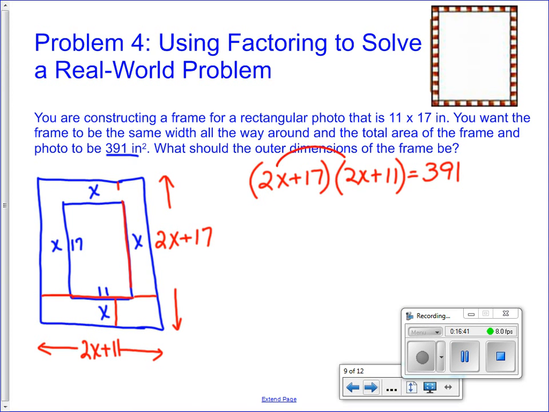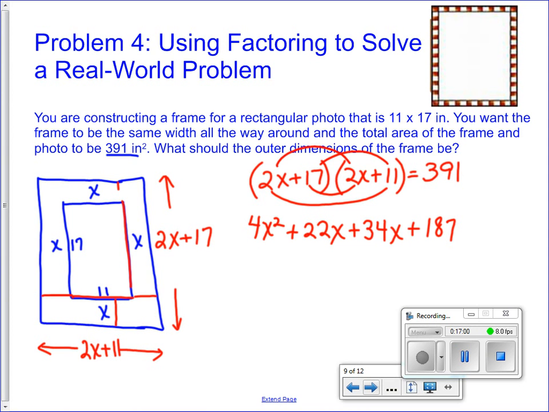Multiplying 2x times 2x, we get 4x squared. 2x times 11 is 22x. 17 times 2x is 34x. And 17 times 11 is 187. And that's all equal to 391.